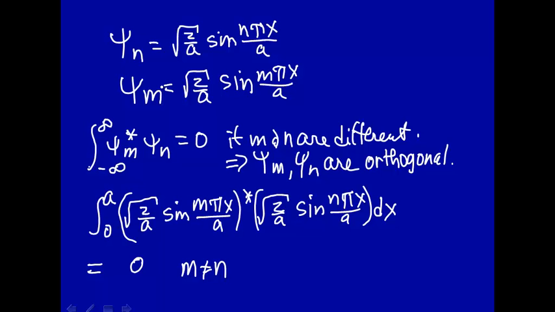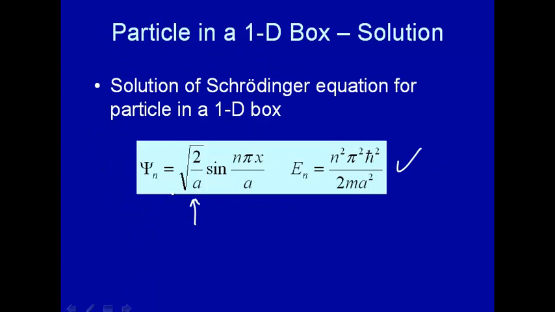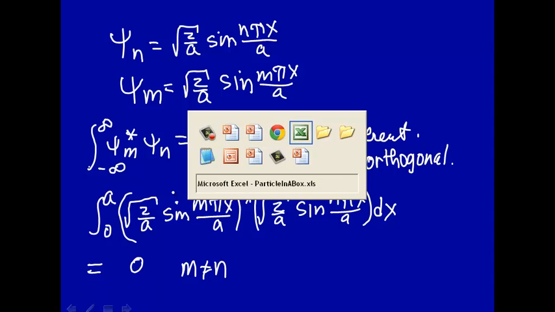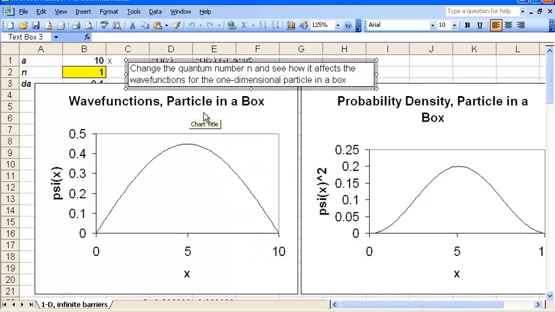All right, now let's see what these wave functions look like. Let's plot these as a function of, say, n. I created an Excel spreadsheet which plots the wave function and the probability density, the wave function squared, as a function of distance for various values of n. Here's the edge of the one-dimensional box.